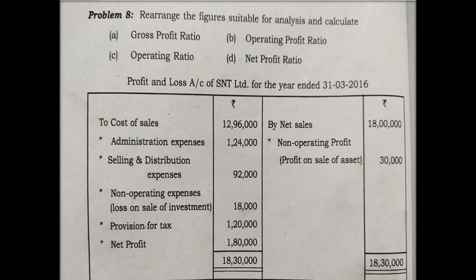As you can see, the profit and loss account statement is given. In this data, cost of sales, net sales and net profit are given. But in order to find gross profit ratio, you need gross profit, and for operating profit ratio, you need operating profit. But that is not given directly in the statement. You need to extract that from the details given in the question.